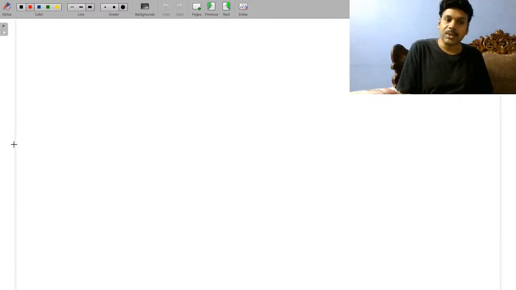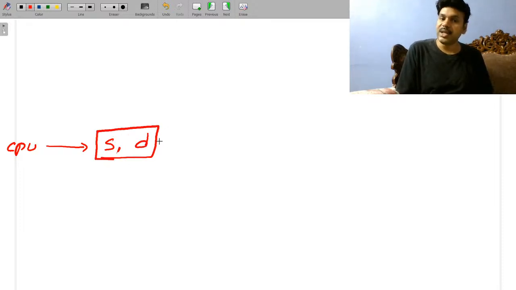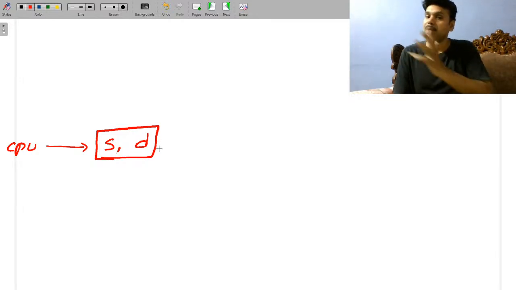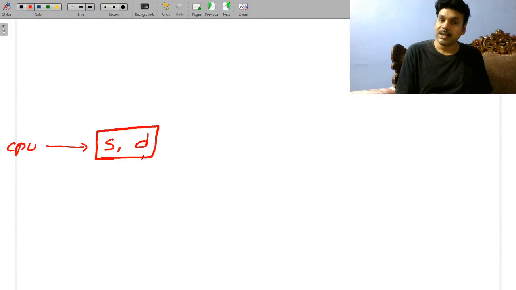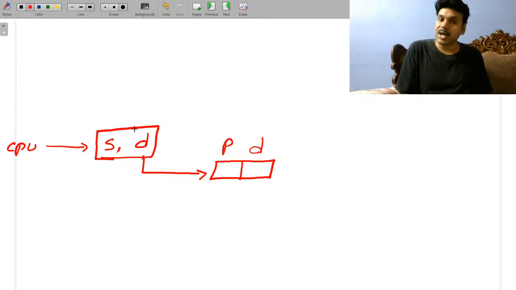Now I am telling you, your CPU raises S comma D. Please understand. If D is unable to locate onto your memory, what am I doing? Take this D out, split it in the form of pages, P comma D. So I am targeting this D only.